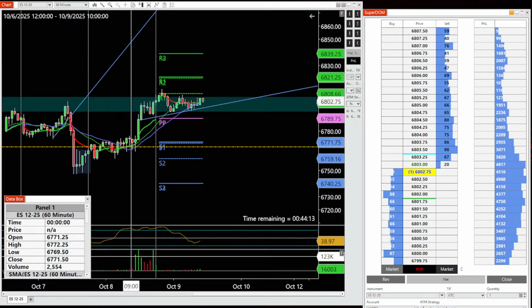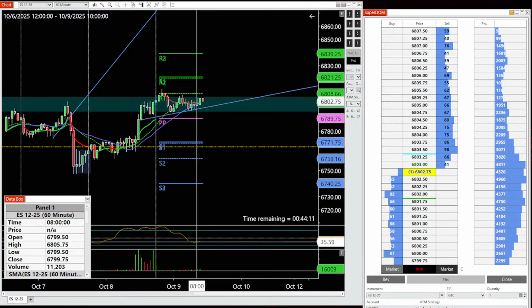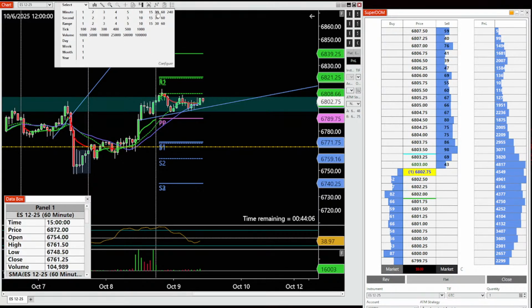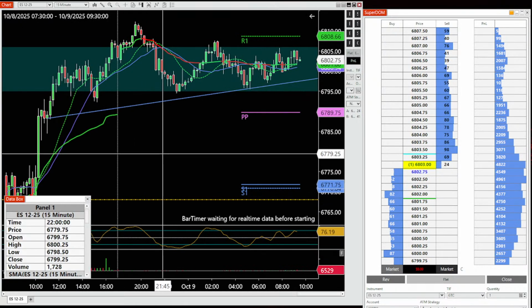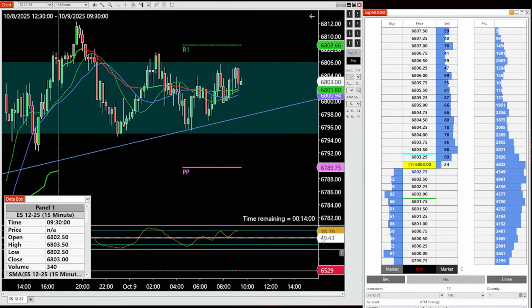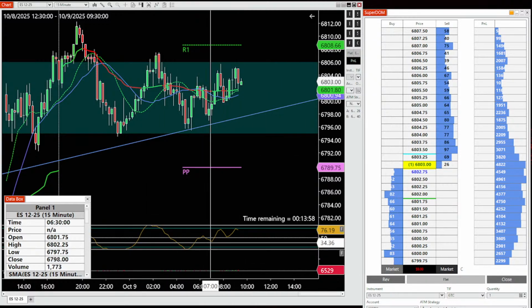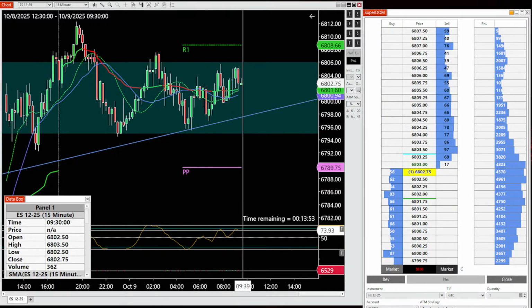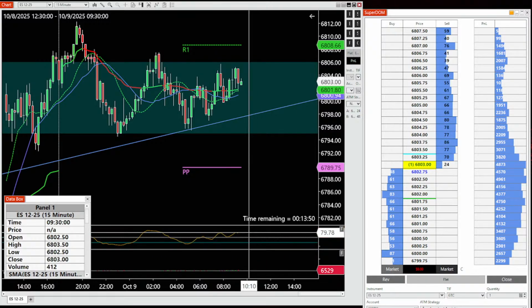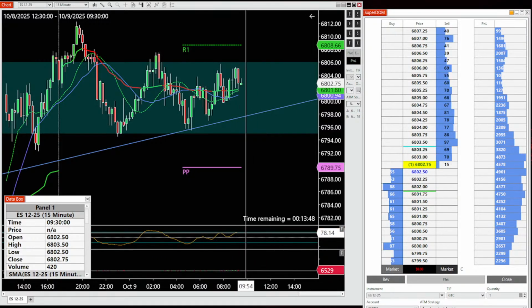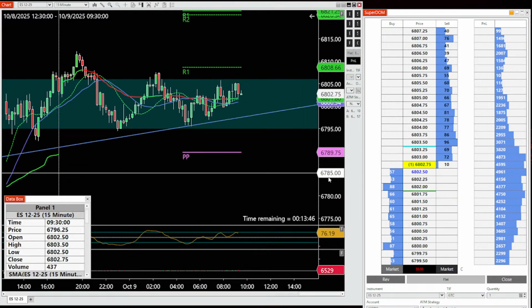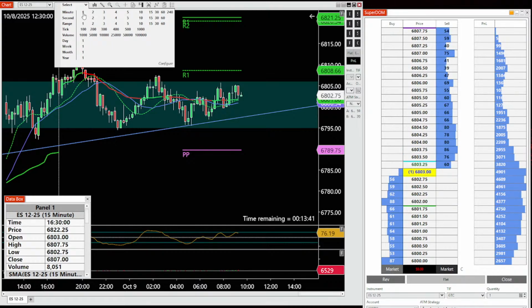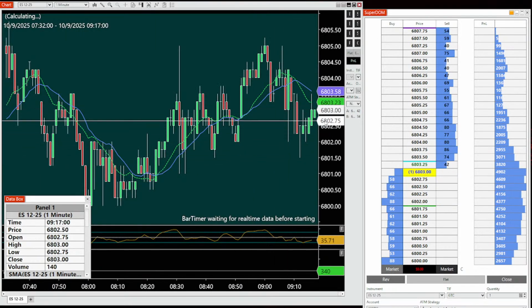Let me see. I like that this is coming off the bottom. Could turn up. But this is coming off the top, but maybe we get some momentum and this stays up. Go to the 1 minute.